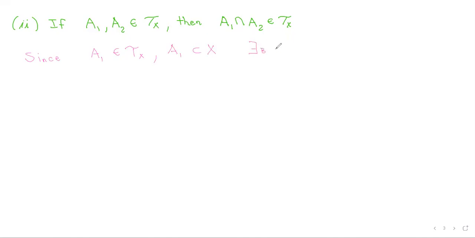Well, there must be a B in topology Y such that A1 is equal to the inverse image of that B1. So this B1 will give us the A1, and that's how A1 exists in topology X.